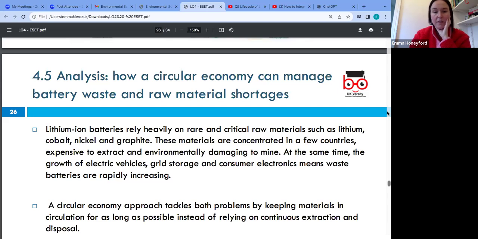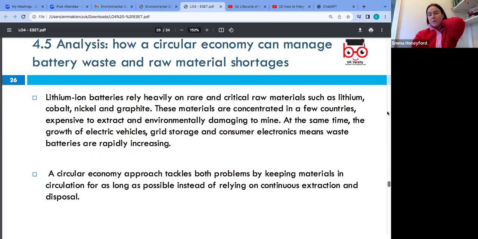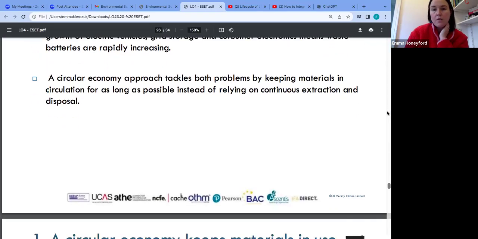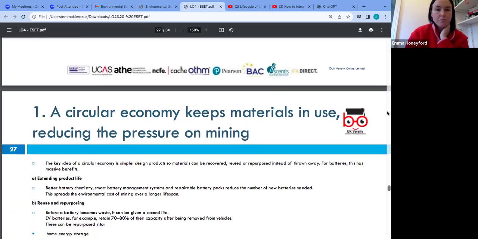At the same time, the growth of electric vehicles, grid storage and consumer electronics means waste batteries are rapidly increasing. The market has grown massively in terms of electric vehicles, but we have to have an awareness of how that is stored and what happens to the lithium batteries once their use is no more.